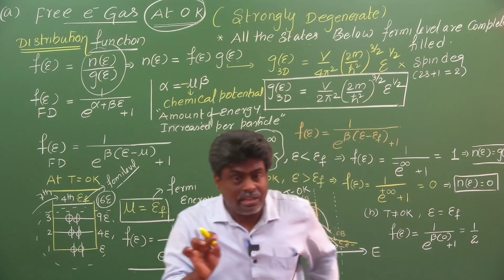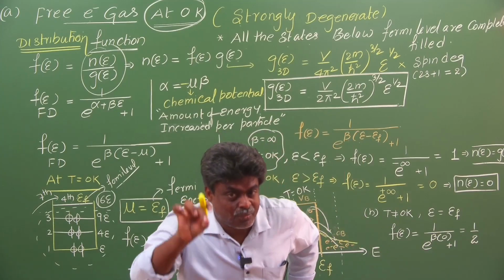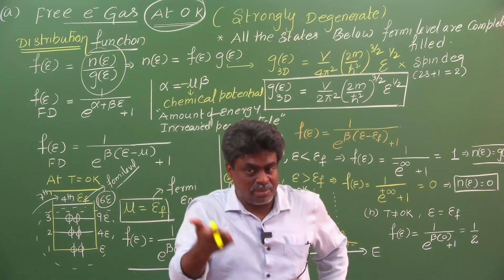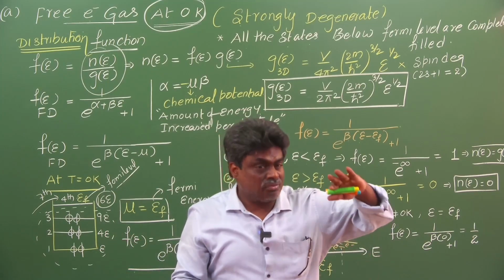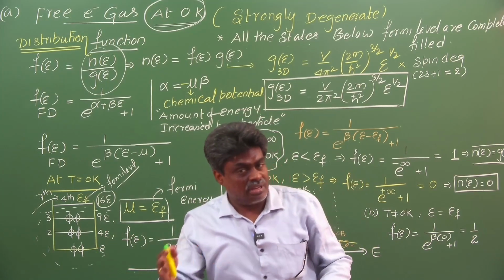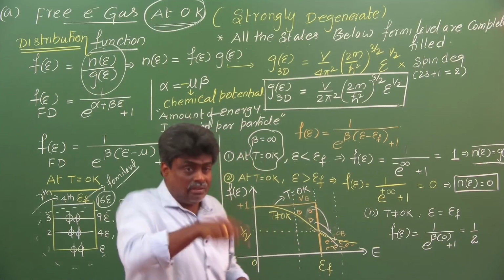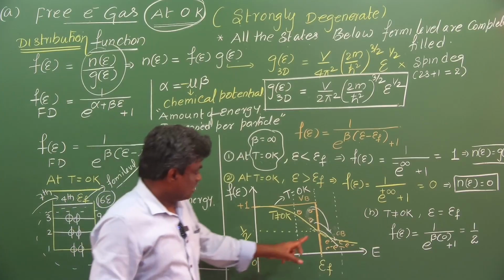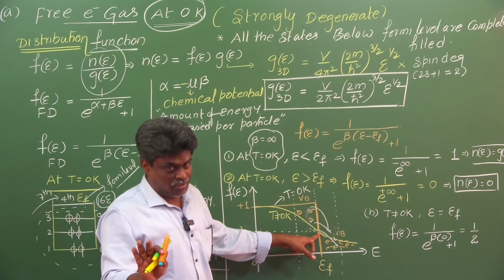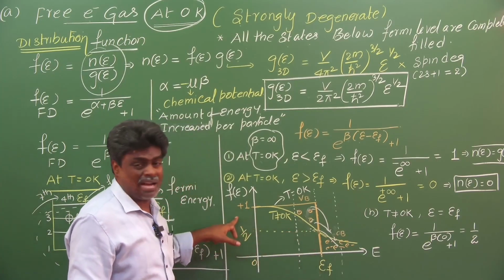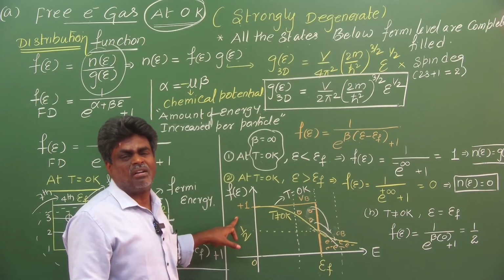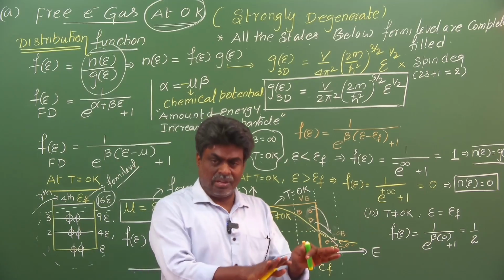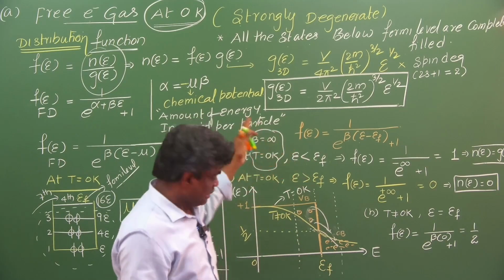At T not equal to 0 Kelvin, at E equal to EF, half of the levels are empty and half of the levels are filled. At the Fermi level, if the energy equals the Fermi level and the temperature is not equal to 0 Kelvin, what is the meaning of the distribution function? Number of particles by number of states is equal to half. Half are filled, half are empty. Is that clear? Come on.